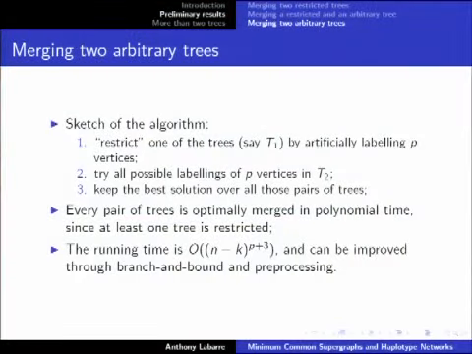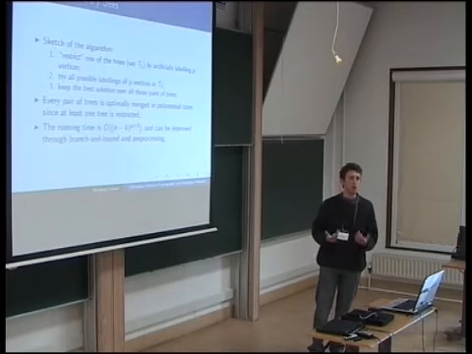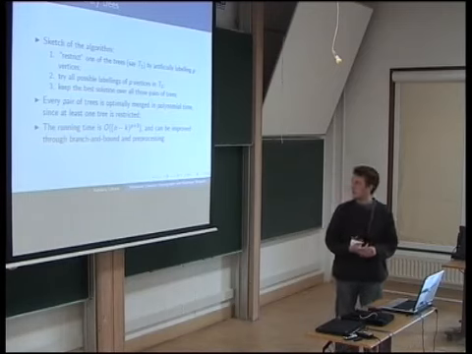So the solution space is pretty big, but each partial solution is solved in polynomial time, and this is an upper bound on the running time of the algorithm, which can be improved using some branch and bound techniques and pre-processing of the trees, namely assigning labels that are obviously safe.